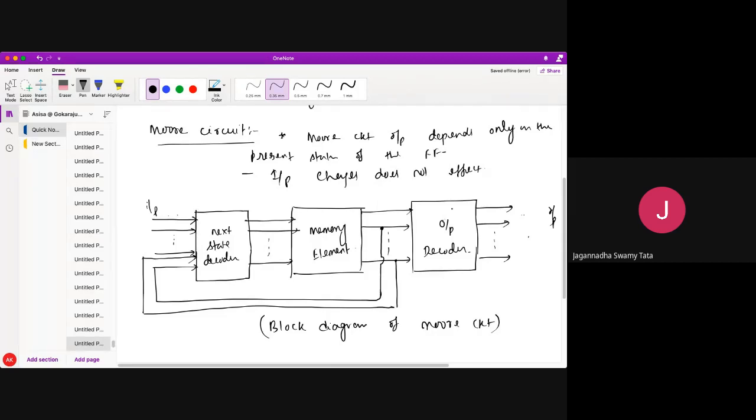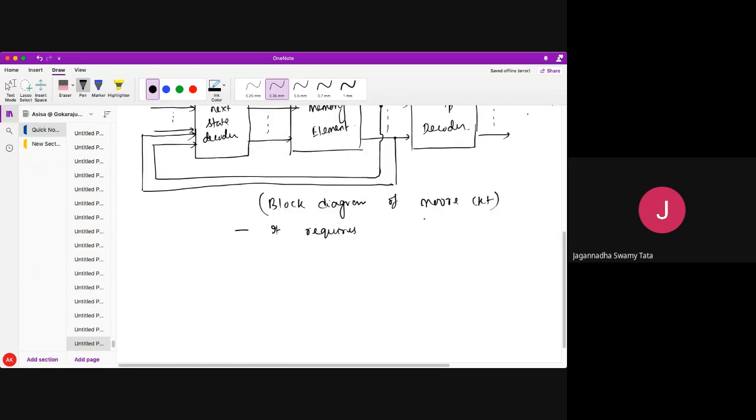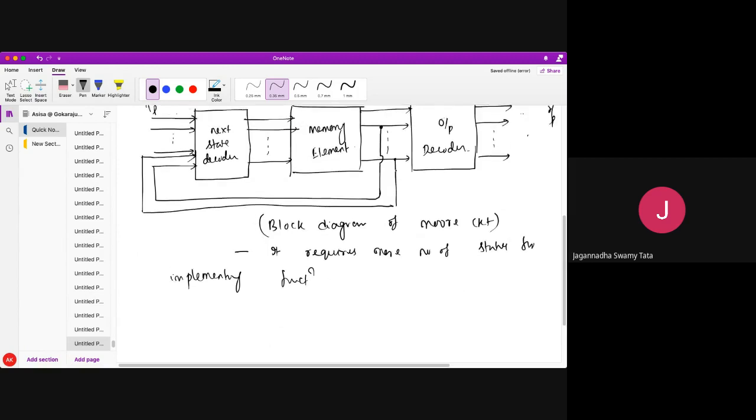Another point is that it requires more number of states for implementing a function. Any function which is implemented using Mealy circuit requires fewer states compared to the Moore circuit.